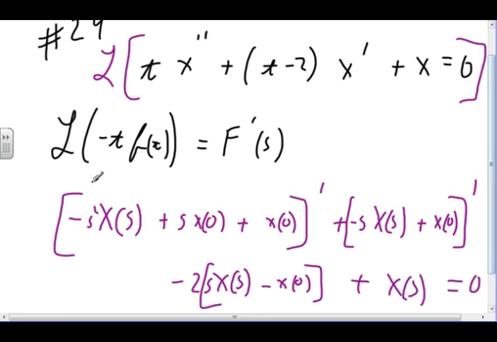All right, so I'm using this formula defining the Laplace transform of that guy.